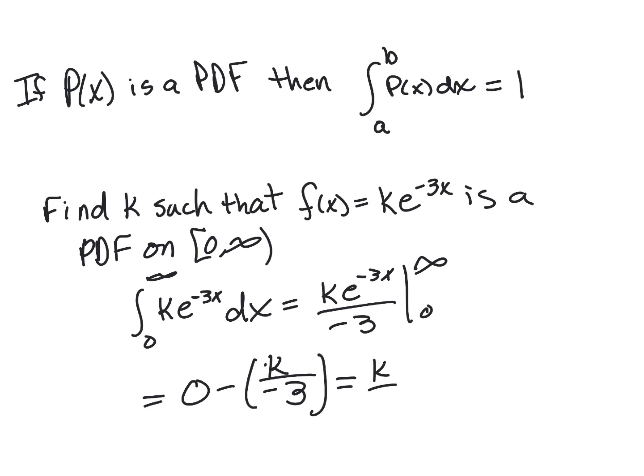Minus the negative is plus, and that's the integral of that function. But for it to be a proper probability density function, it has to equal 1, and you find that k has to equal 3. So that's one use for it.